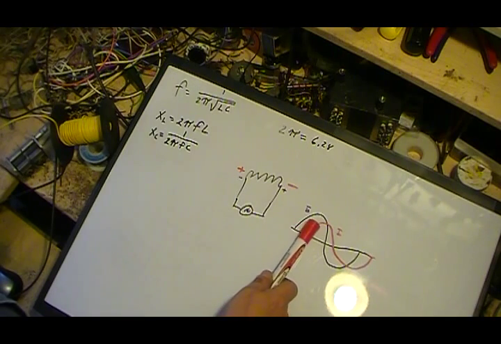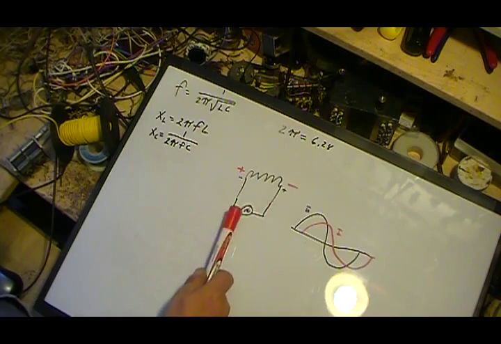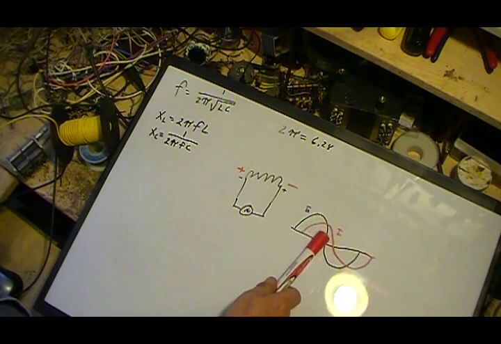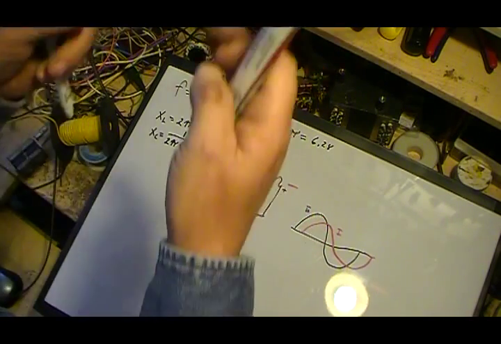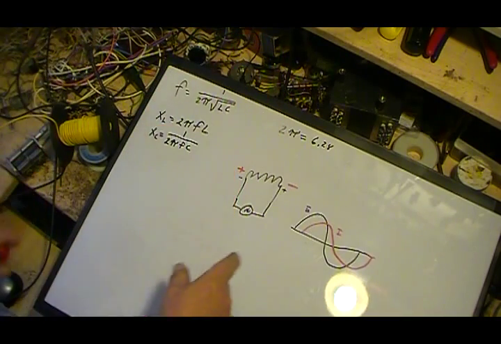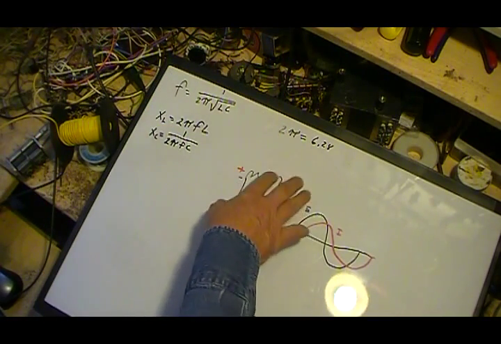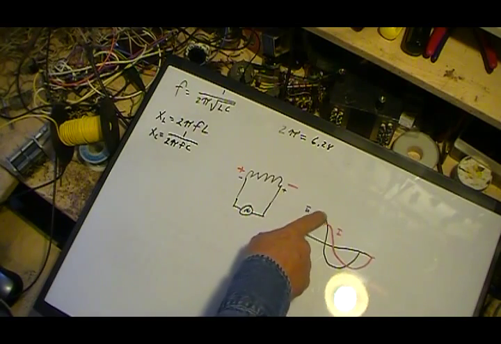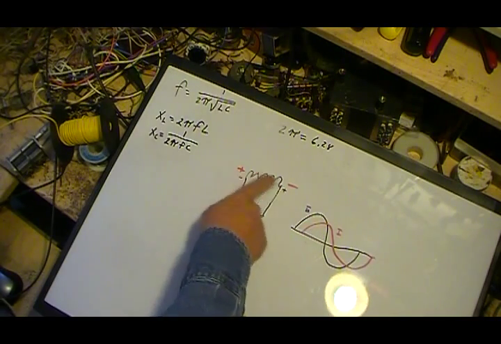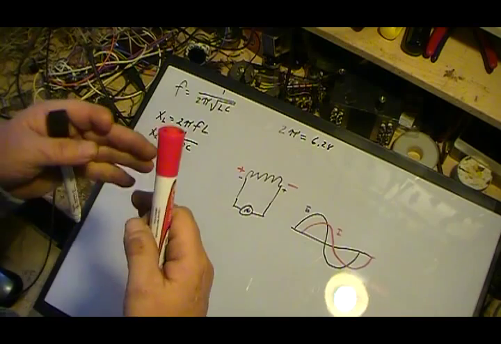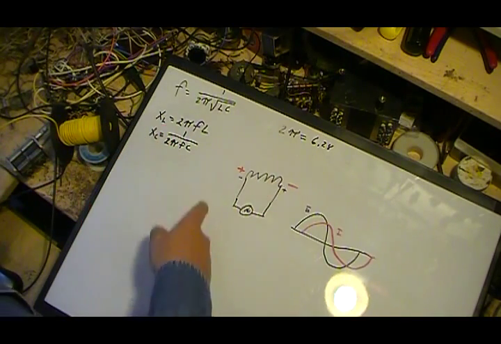Now the current will continue to increase because the voltage on this generator is now dropping. As it drops, the field starts collapsing. And due to that collapse, this is dropping at the same rate as the counter EMF is building, and the direction will be the same.